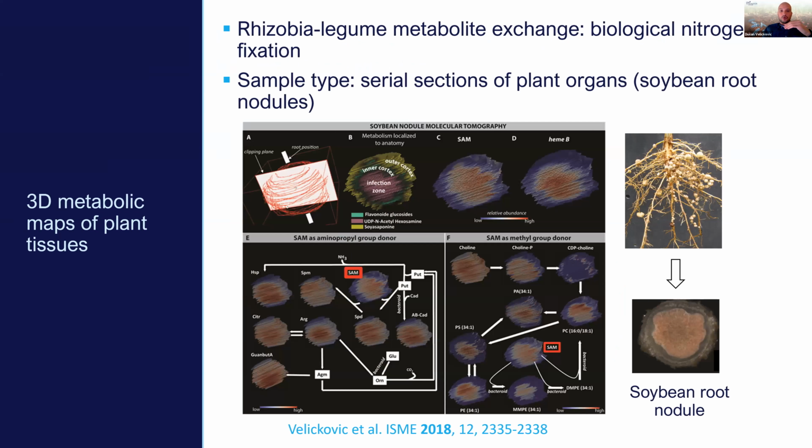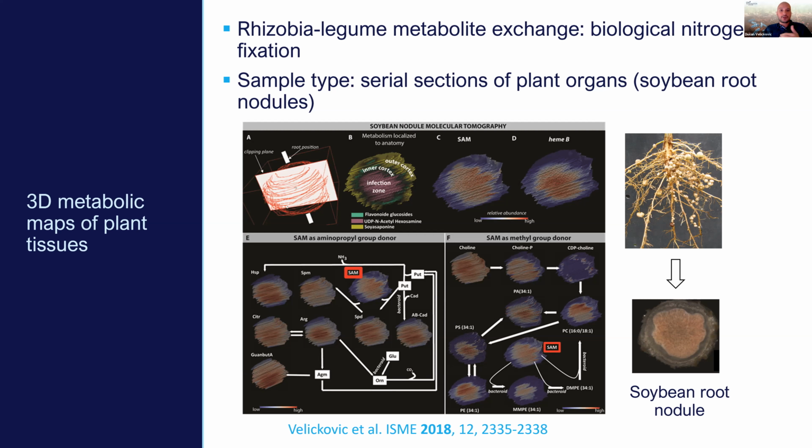Then we can also create, for example, 3D metabolic maps of plant tissues. In this case, it is soybean root nodules, another association between plant and microbes.